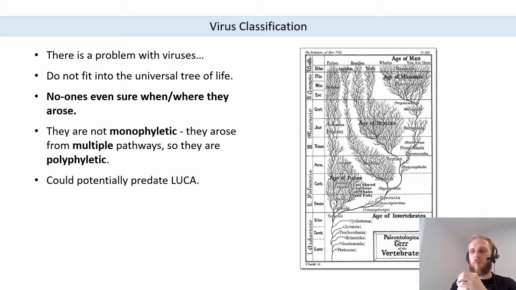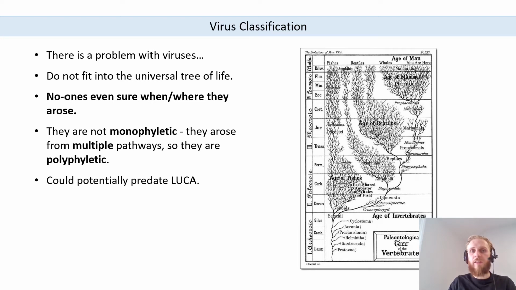So you can organize the different viruses into some groups, about 7 different orders. If you remember, an order is one of the levels of classification, but we can't determine how those orders are related to each other. And what's more, most viruses don't even fit into these established orders.